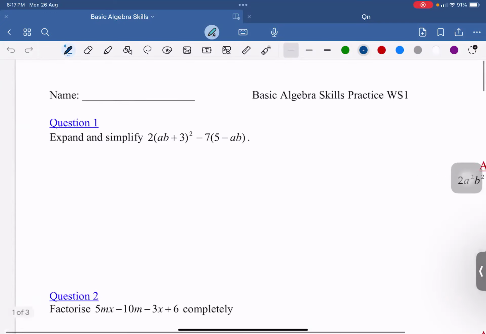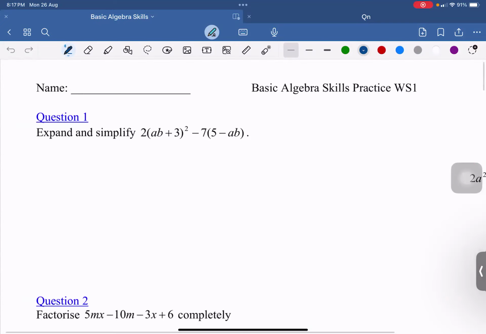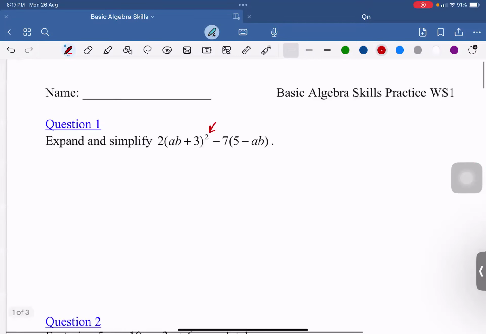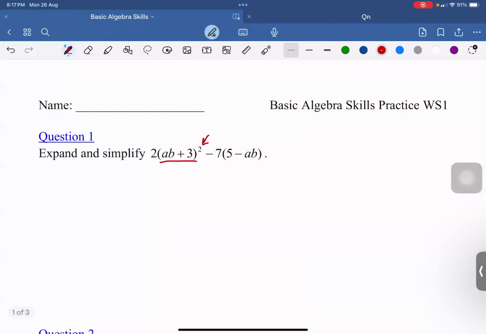Basic algebra skills, some things that we must know. First things first, when you have a square, this means what happens to the whole expression here? 2 times, repeat, right? But notice, do not multiply the 2 inside your bracket.